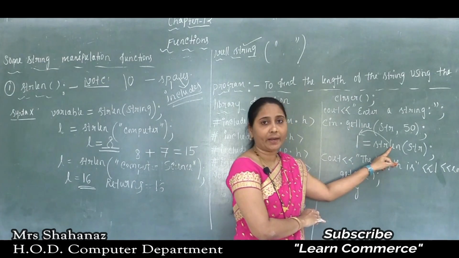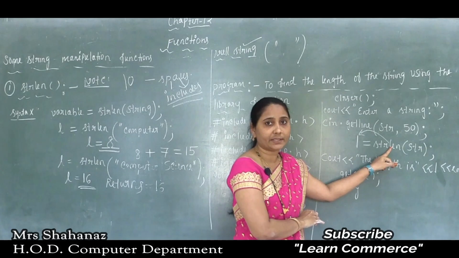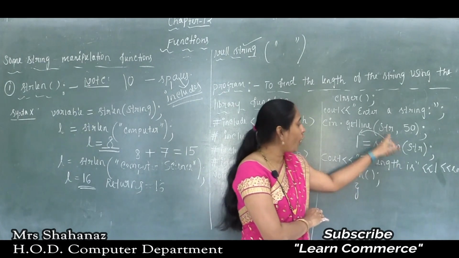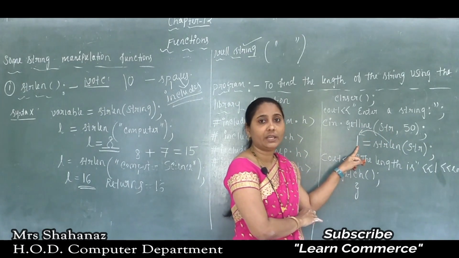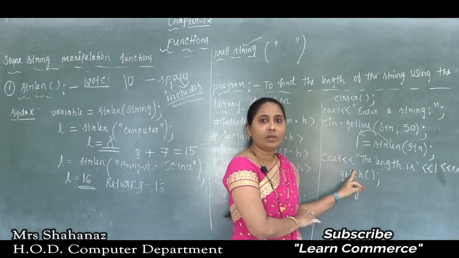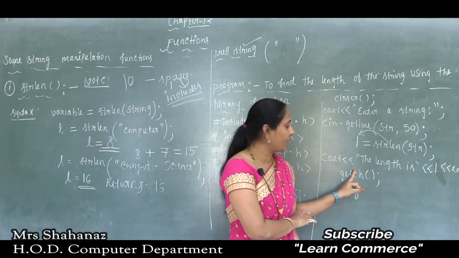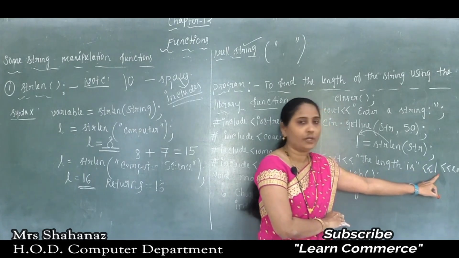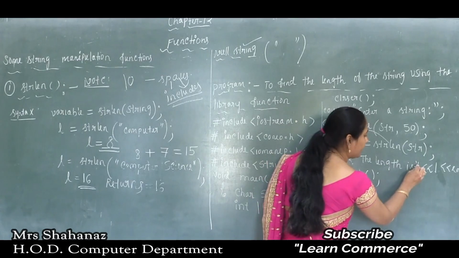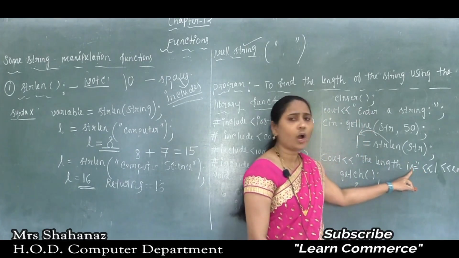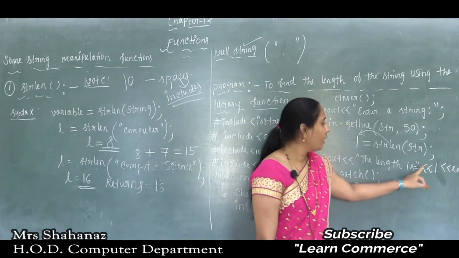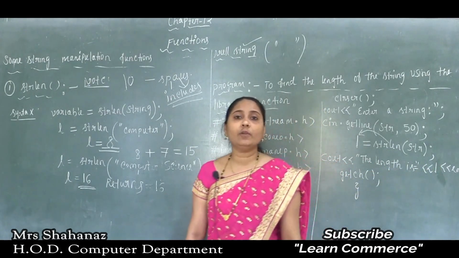Then it finds the length of the characters, how many characters are in our computer science, and copies it to another variable, L. Now all that information is in L. Lastly it displays the information: the length is 16. The length is equal to, lastly displaying the value, that is L.